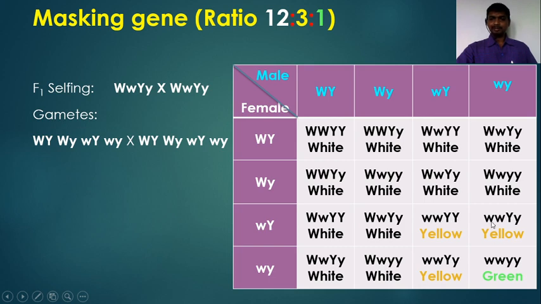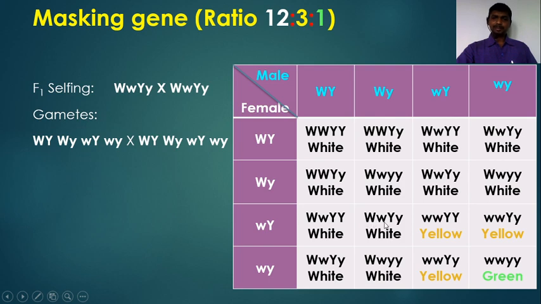Similar is the case in this genotype also, this W is recessive. So Y gets expressed, and it produces the yellow phenotype. Here also this W is recessive, so it produces the yellow phenotype. Otherwise it produces the white phenotype. Here also this W is capital, meaning it is dominant, so it produces white.